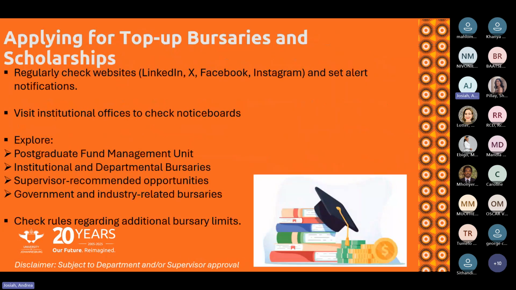So I think the first thing to do would be to check various websites regularly and set alert notifications. Here I'm talking about LinkedIn, X, Facebook, Instagram. Depending on your network on these platforms, if you are a friend to the Department of Science and Innovation or any other government institution or companies, they would regularly post regarding bursaries and opportunities on these sites.